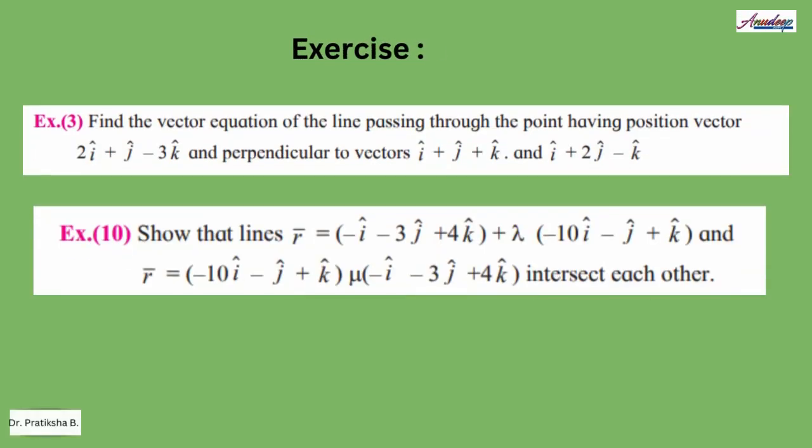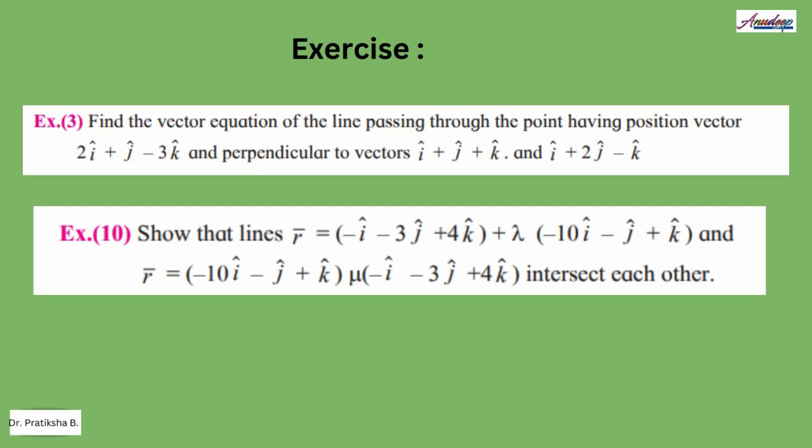Exercise. Find the vector equation of a line passing through the point having position vector 2i plus j minus 3k and perpendicular to the vectors i plus j plus k and i plus 2j minus k. You need to work out the vector equation of the line.